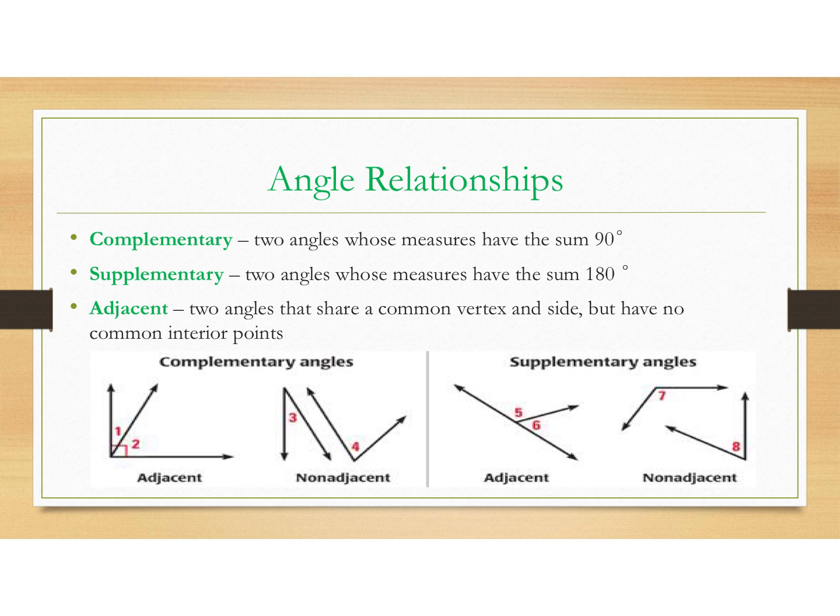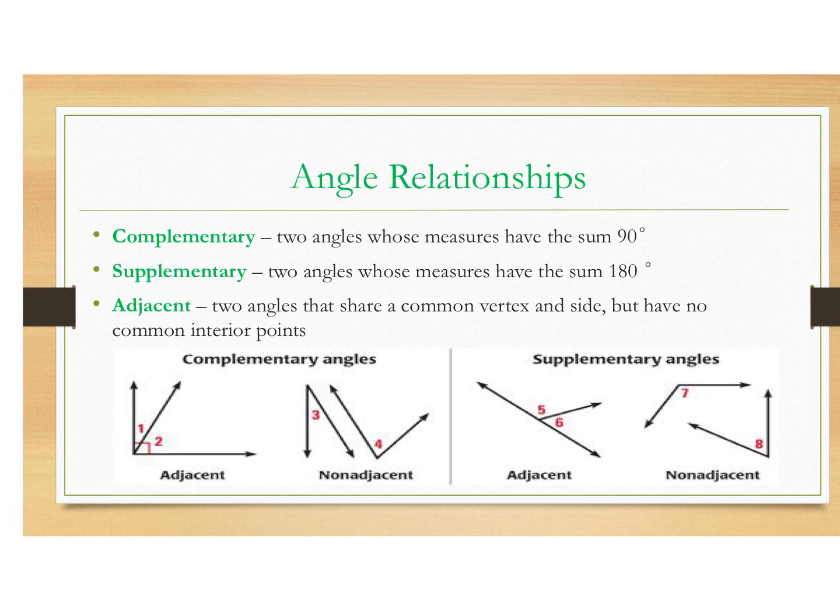Supplementary angles are two angles, both of these are always a pair, two angles whose measures have the sum of 180. Now, when we're looking for a pair of complementary or supplementary angles, they don't have to be adjacent. So if I give you a picture and I say, find a pair, they don't have to be right next to each other. And that's the next definition, adjacent.